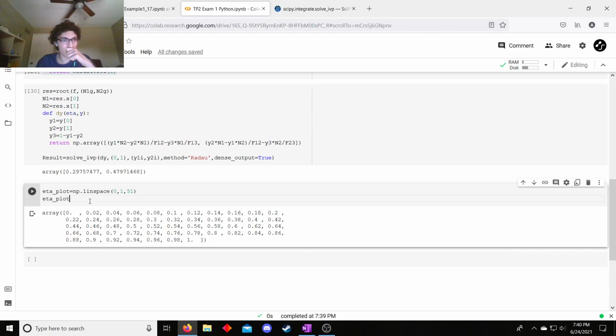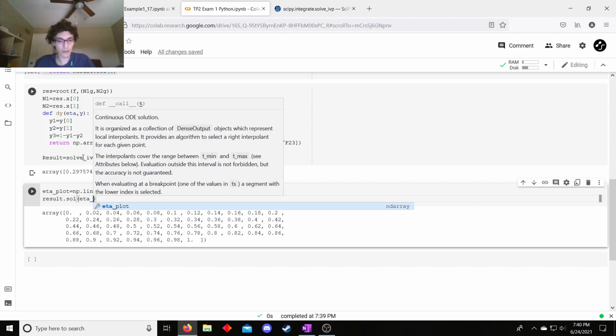And now we are going to do result.sol. And like before, this is going to take different values for eta, and it's going to tell us what the mole fractions are at that point.